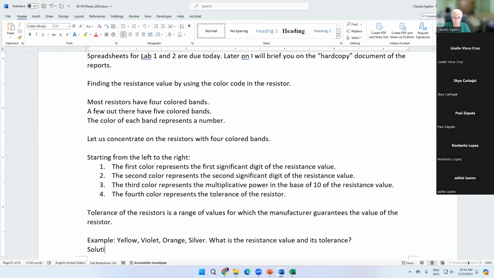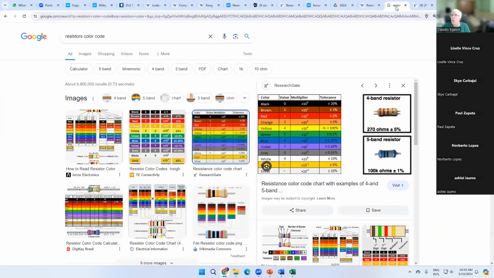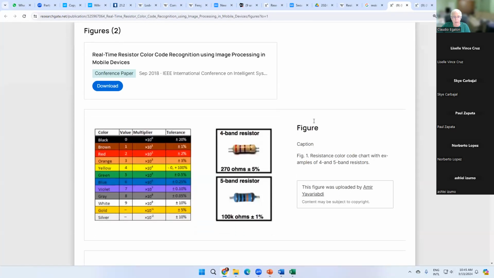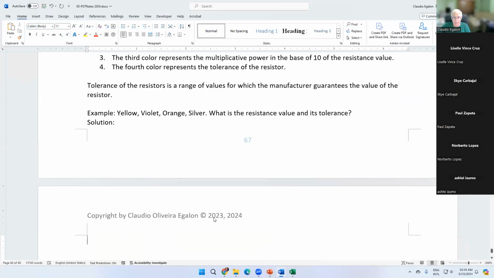Solution. Let's take a look at the yellow. The numeric value of the yellow color is 4. That's the first band. Yellow, 4.